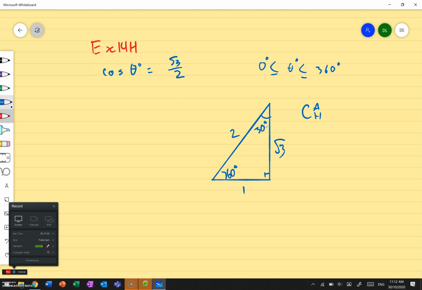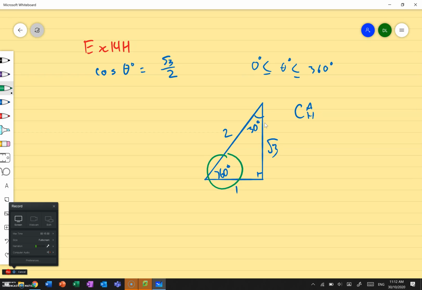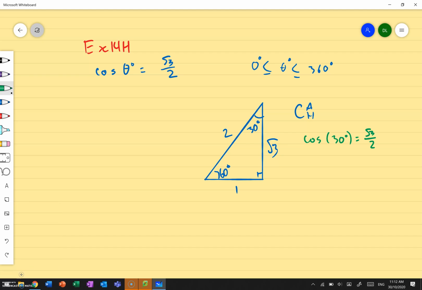So if I look at it from this angle over here, what would my cosine be? Well, it'd be adjacent 1 over hypotenuse 2. So that's not correct. So let's go about the other way. If I look from this direction over here, cosine of 30 degrees equals adjacent, which is root 3, over the hypotenuse, which is 2, which gives me the value that we've actually got in the question.